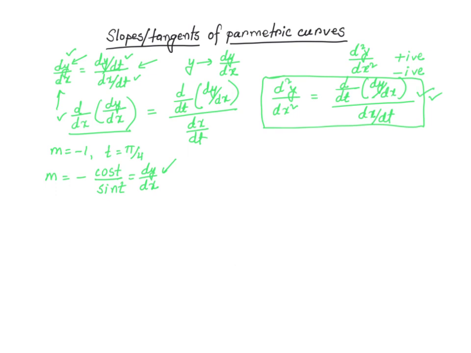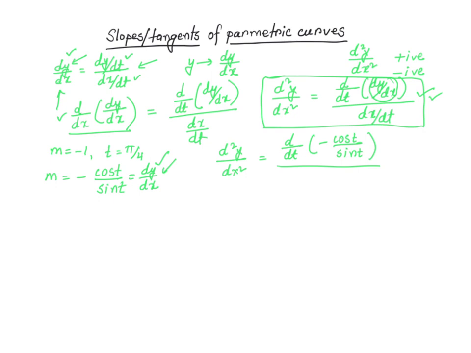So my second derivative, d square y over dx square, is going to be d over dt of dy over dx, which is negative cosine of t over sine of t, all of it divided by dx over dt.